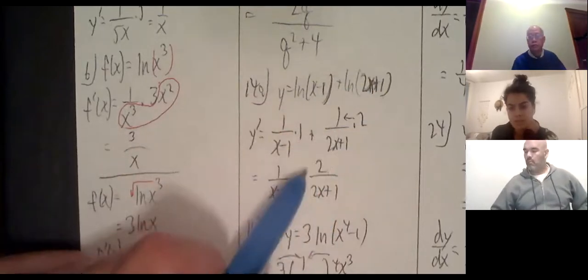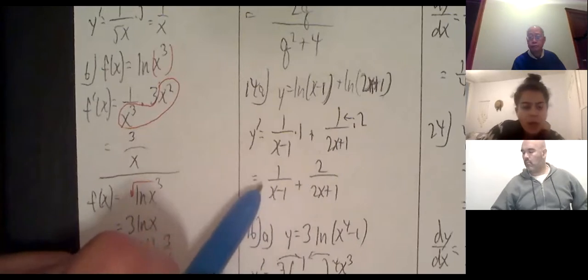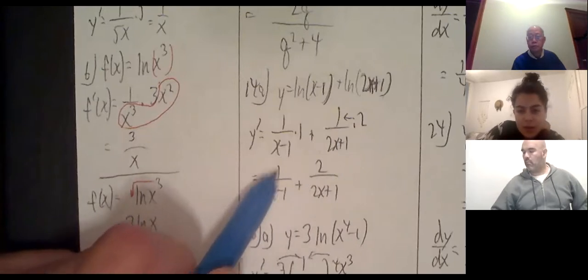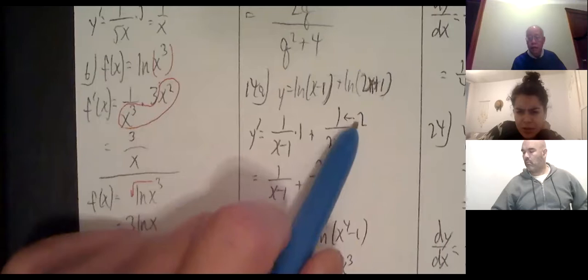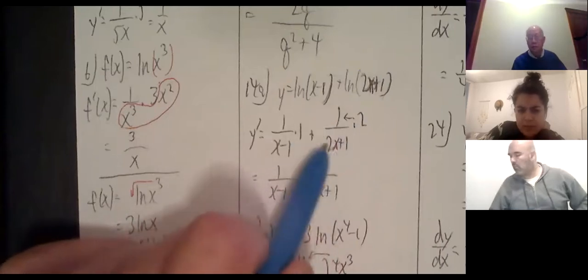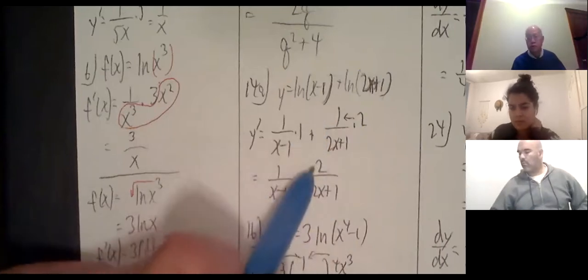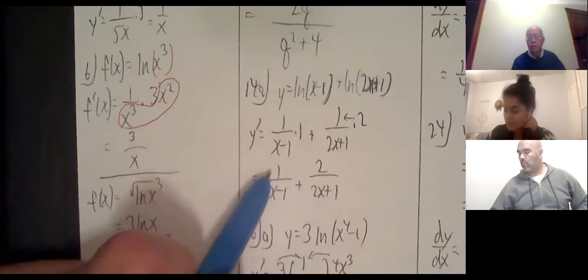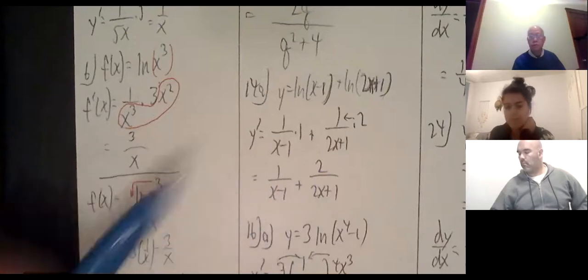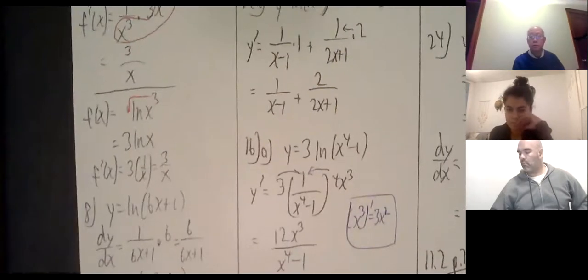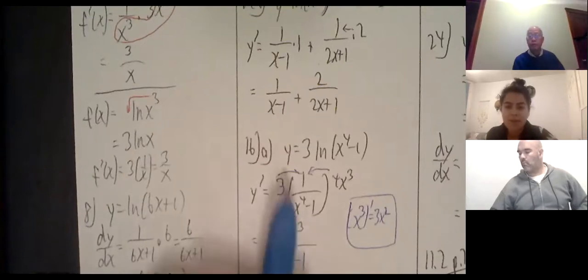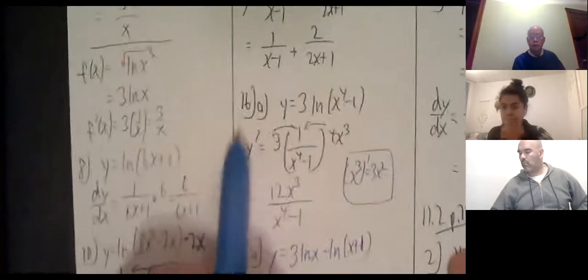So that's where that 2 comes from. And you're multiplying 2 by this fraction, which means 2 times 1 is 2. Is that all right? Thank you. You're welcome.